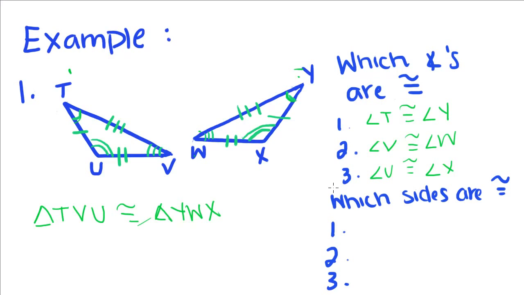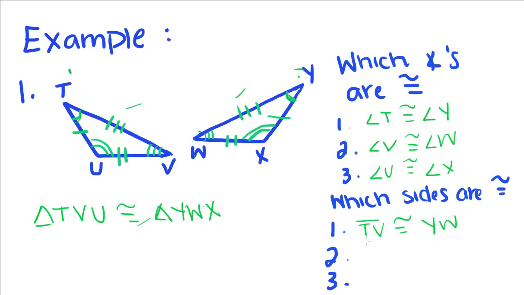Alright, so now we have to make sure that their sides, the right sides are congruent. So side TV right here has to be congruent with YW right here, which is right because they're both marked the same way.